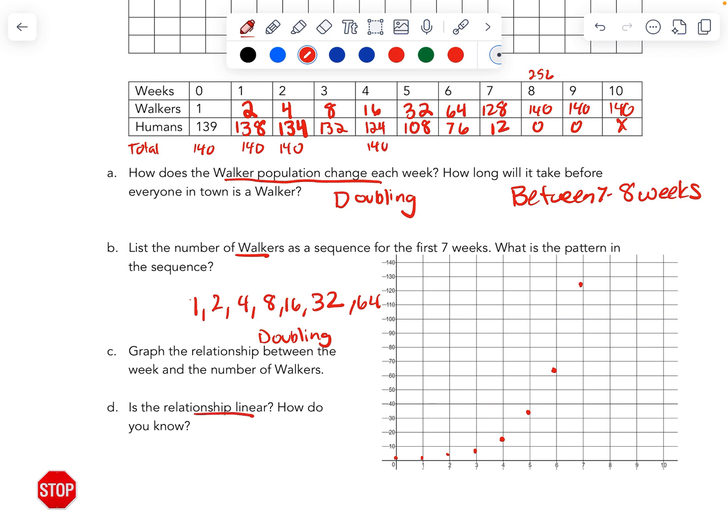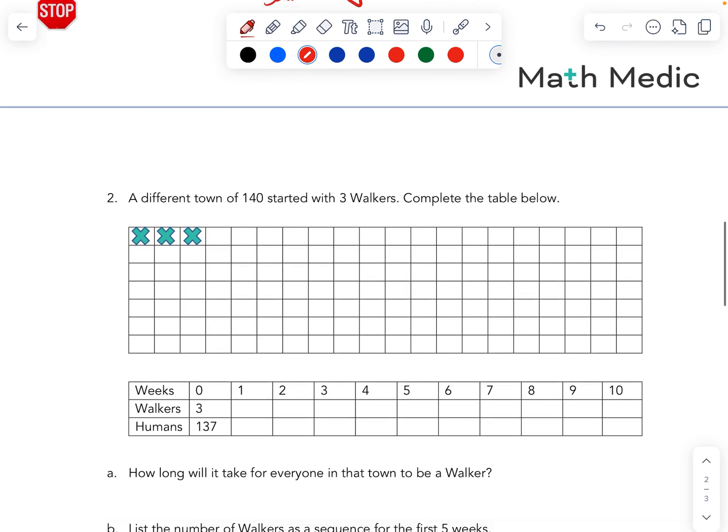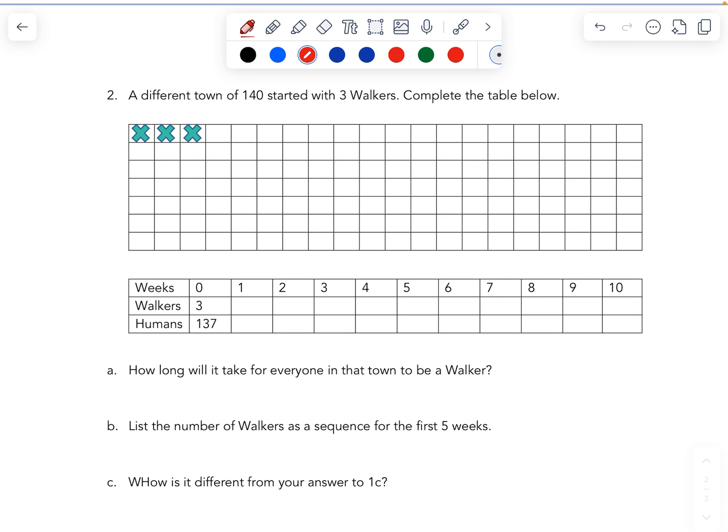So is the relationship linear? No, we're not adding the same thing. If we look at this next page, what if we started with 3 walkers? They each infect one person, so there'd be 6, which would be down to 134. The next week, they would each infect one person, so there'd be 12, and we would be down to 128.